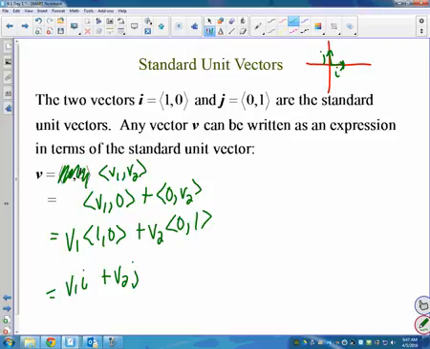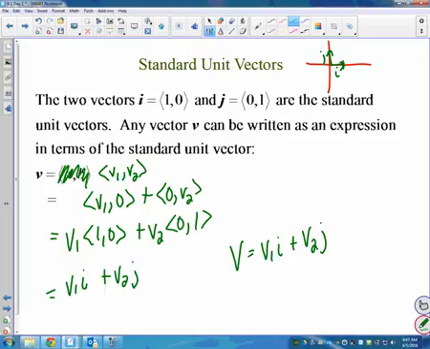Again, you don't have to do all that work every time, because you can just see that every vector can be written as v1 i plus v2 j. Which means if you know the components, you put the first component in front of i, and then you add the second component times j as well. I just wanted to show you why we do that, where it comes from.